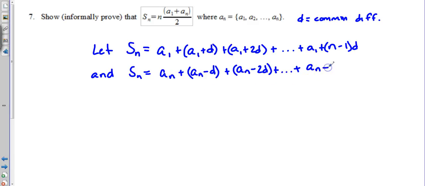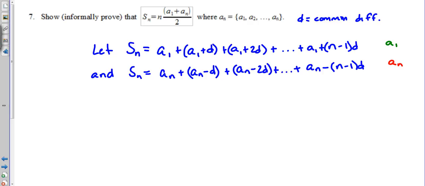And we're going to subtract, in this case, n minus 1 common differences. Very similar to the way that we did it here. But again, the biggest difference between these is that the first one, we wrote every term in terms of a sub 1. Here we wrote every term in terms of a sub n. So this is the first term, this is the last term. And we can define this series based on the first term or the last term, however we want.